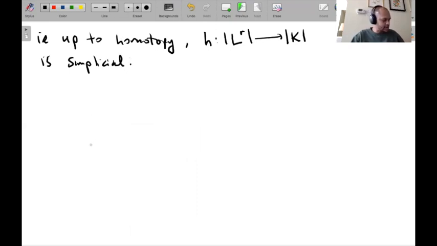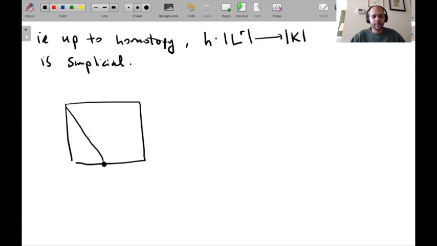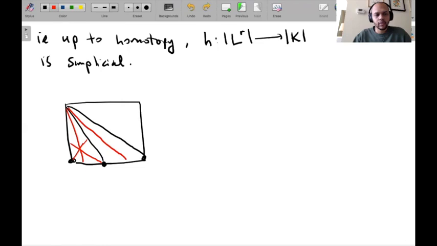So let me explain what this does for us. Let me draw this picture again, and let me maybe make it simpler. After subdividing, let's just say we have to subdivide once before this map has a simplicial approximation.